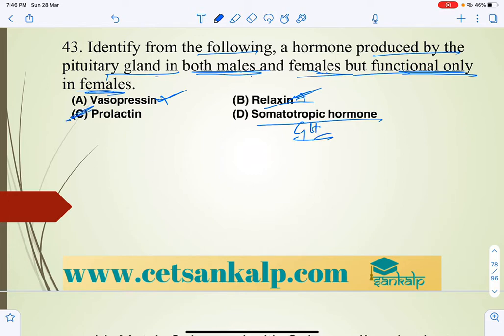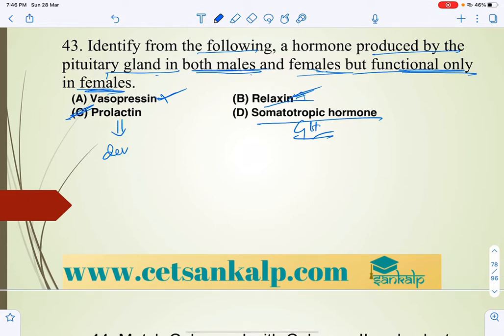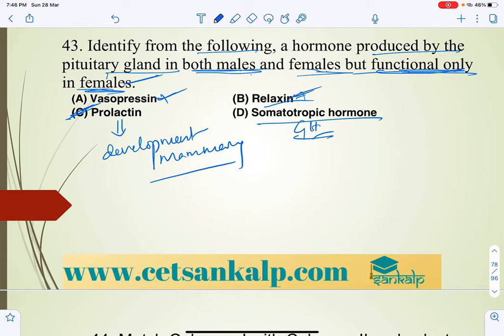Prolactin is produced by the pituitary gland of both male and female, but it is functional only in females, as it helps in the development of the mammary gland and is non-functional in males. So prolactin is the answer.